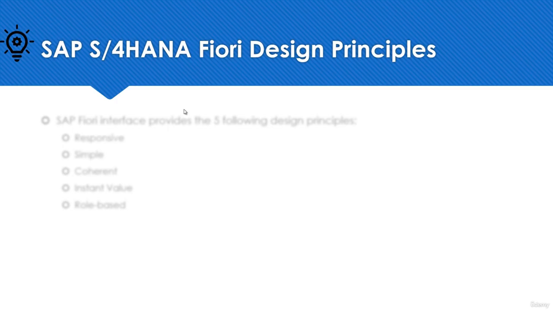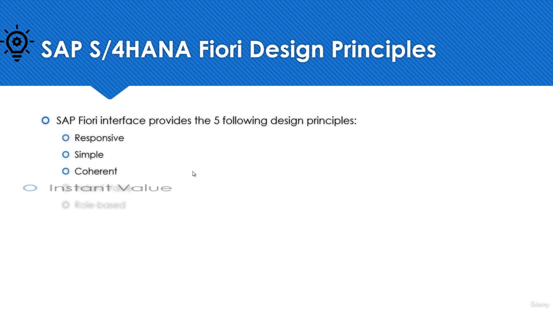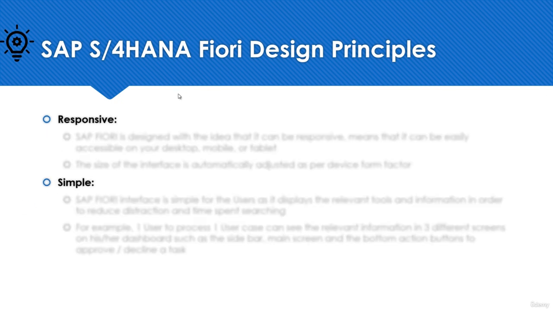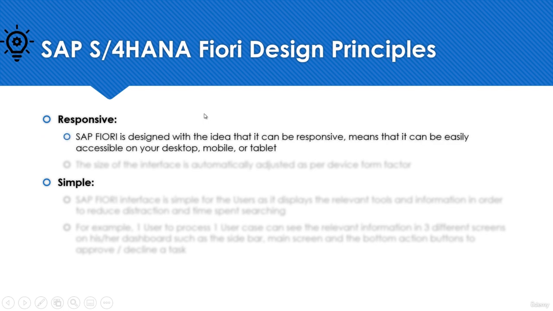Next, I will explain SAP S/4HANA Fiori design principles. The SAP Fiori interface provides the five following design principles: responsive, simple, coherent, instant value, and role-based. The first one is responsive. SAP Fiori is designed with the idea that it can be responsive, meaning that it can be easily accessible on your desktop, mobile, or tablet.